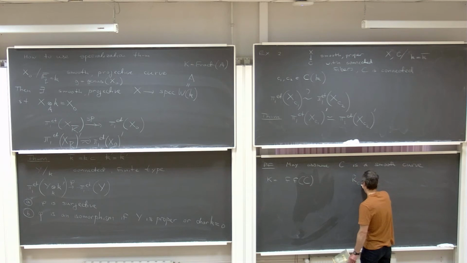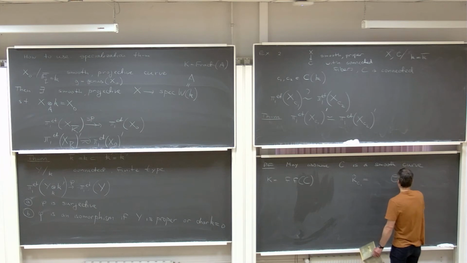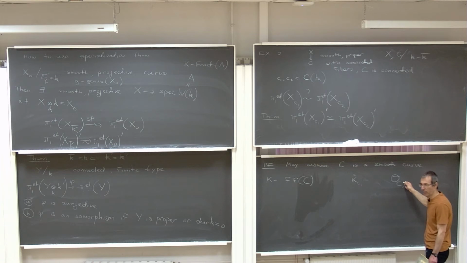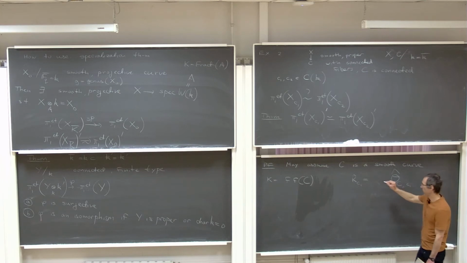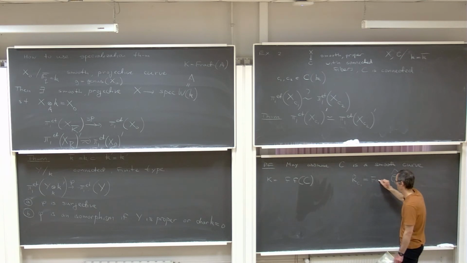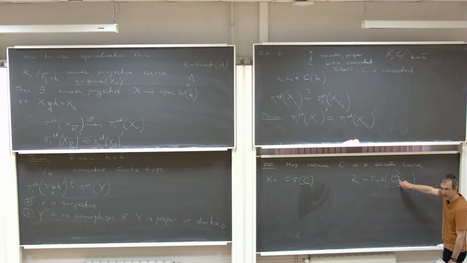Another way of defining this: you take the local ring of your curve C at the point Ci. This is a discrete valuation ring. You take its completion with respect to the maximal ideal and take the fraction field. So if you choose a uniformizer, a generator of the maximal ideal, then this gets identified with the field of Laurent series in one variable.